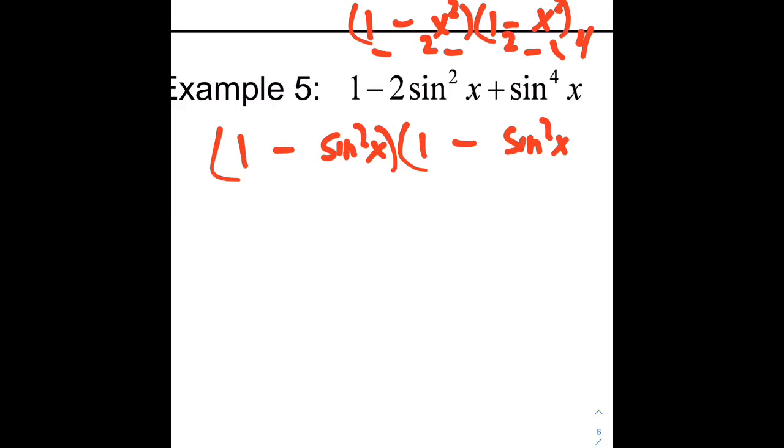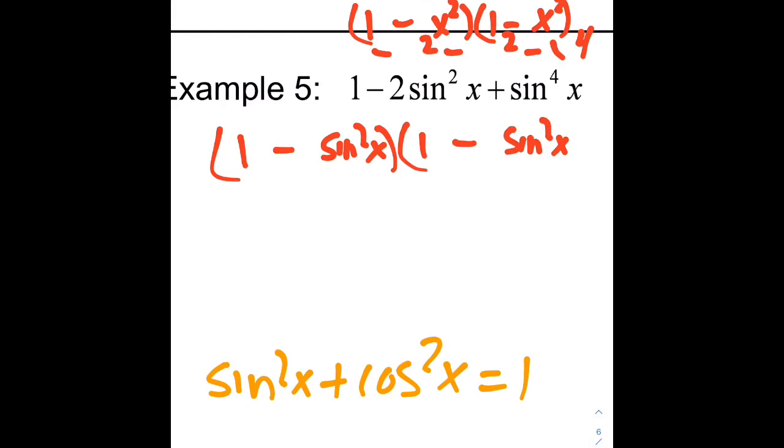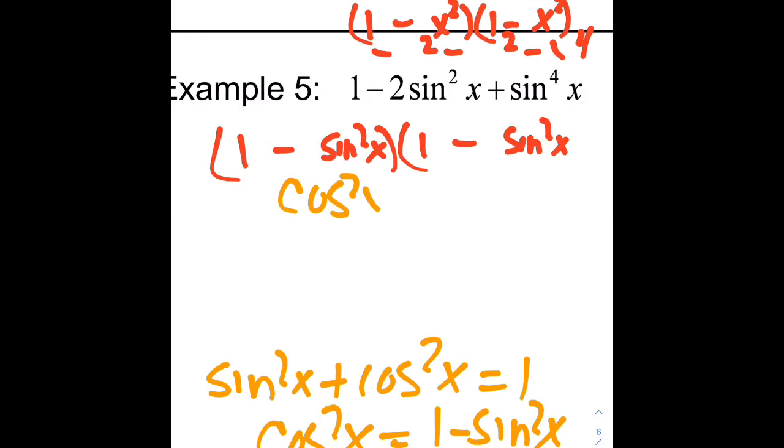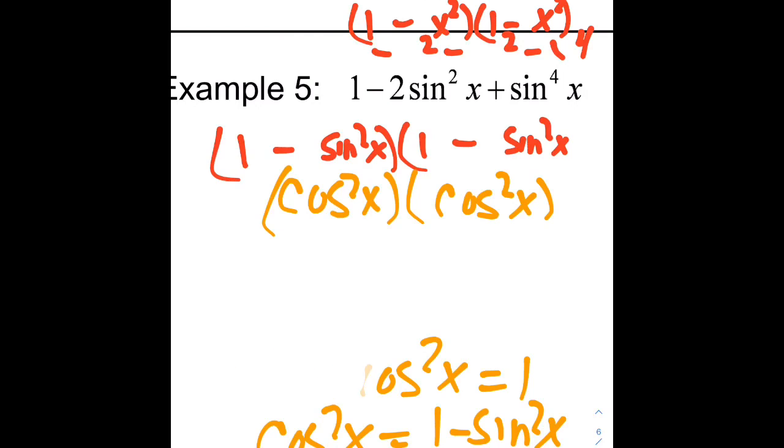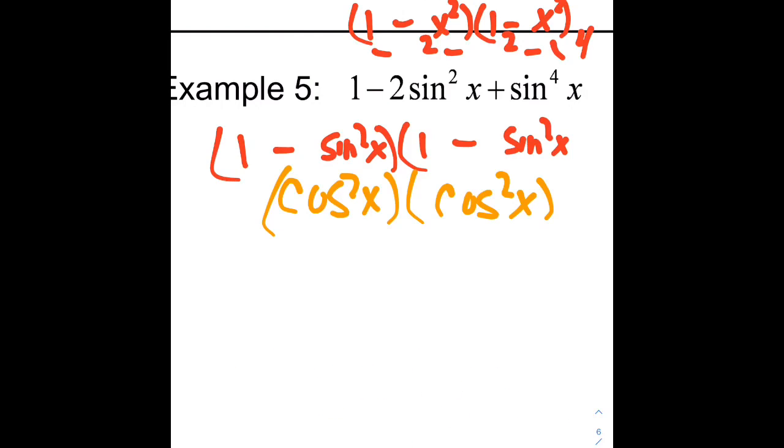Next, I know that sine squared of x plus cosine squared of x equals 1. So that means cosine squared of x equals 1 minus sine squared x. So this is cosine squared of x. And this factor is also a cosine squared of x, leaving me with a final simplified answer of cosine to the 4th of x.